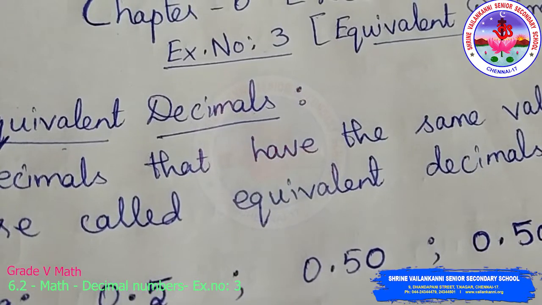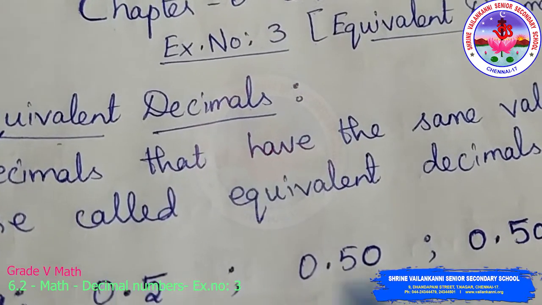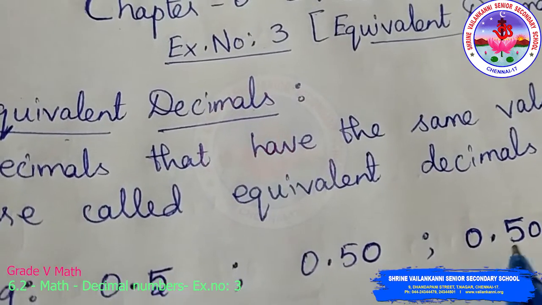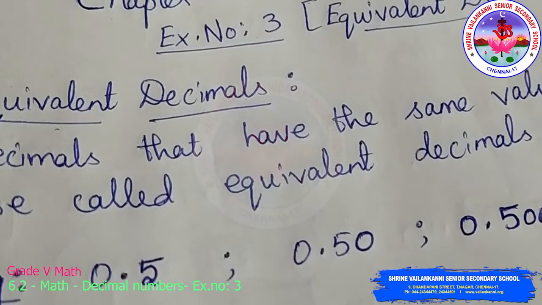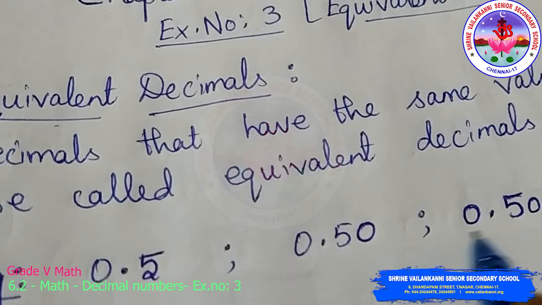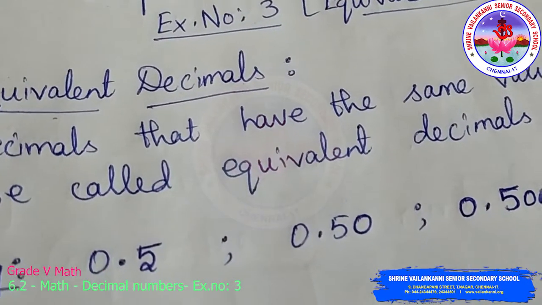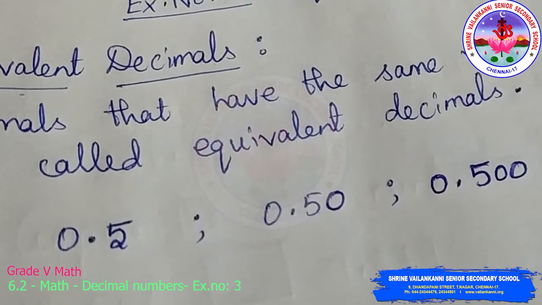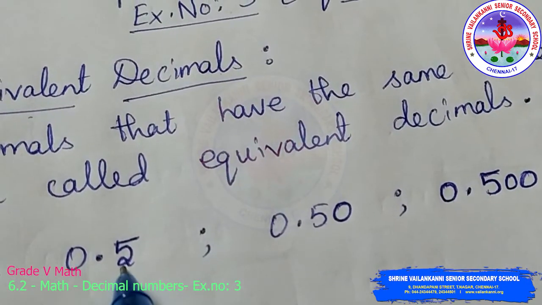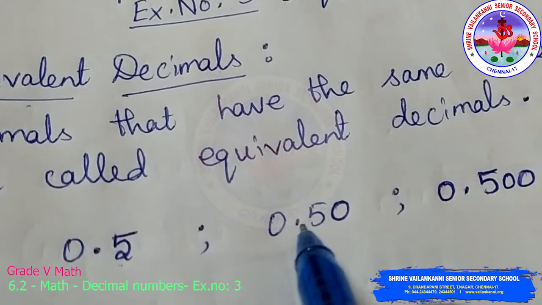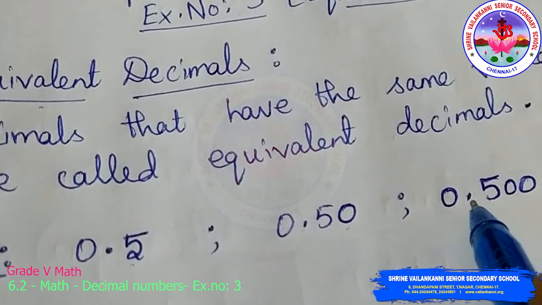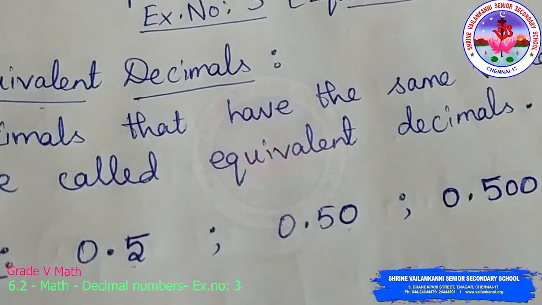For example, I have written 3 decimal numbers over here: 0.5, 0.50, 0.500. I am just saying that all these 3 decimal numbers are equivalent. How is it possible? This decimal number has 1 digit after the decimal, this one has 2 digits after the decimal, and this one has 3 digits after the decimal.